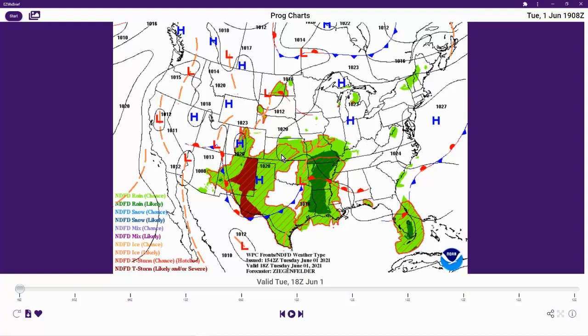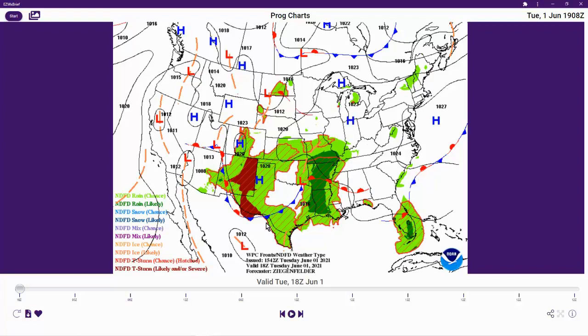And specifically, it's precipitation type, whether it be rain, snow, mixed, ice, or thunderstorms, convection. Now you'll notice that for the most part, the precipitation that you see here covers the entire conterminous U.S. here, but it does not go outside of the U.S. And we'll talk about the reason for that in just a bit.